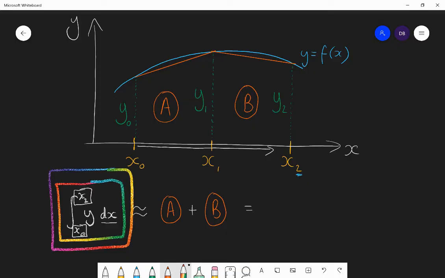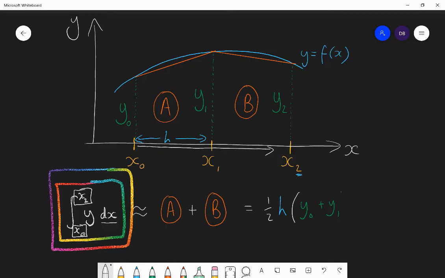So if I wanted to find the area of A, the area of A is half times the sum of the parallel sides times the distance between them. I'm going to do the distance between them first. So as before, I'm going to call that h. h is that distance between the two parallel sides. So half of h times y0 plus y1.